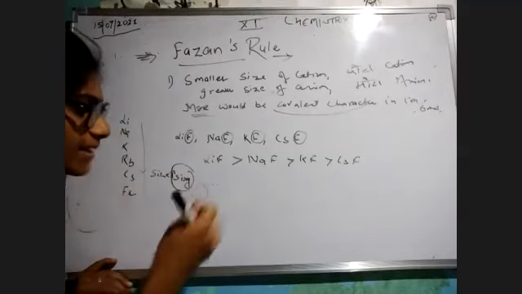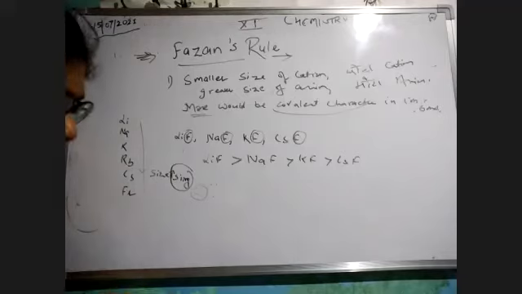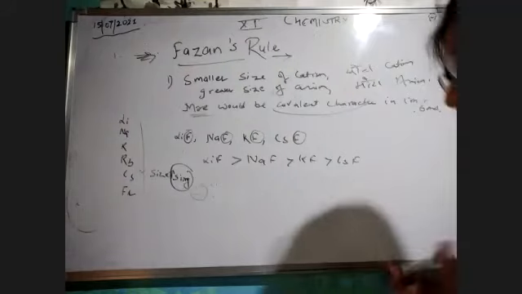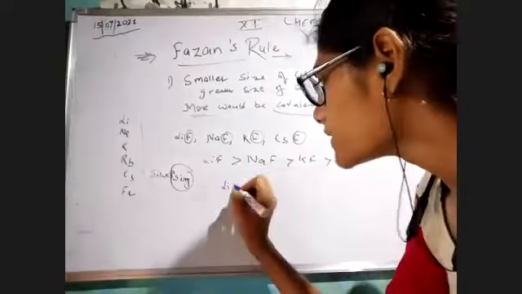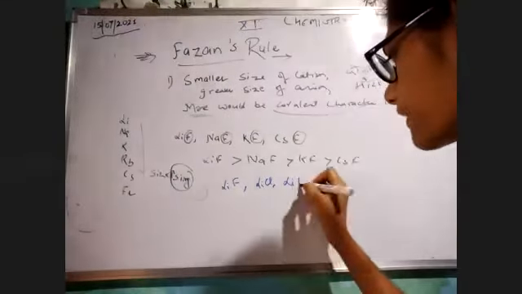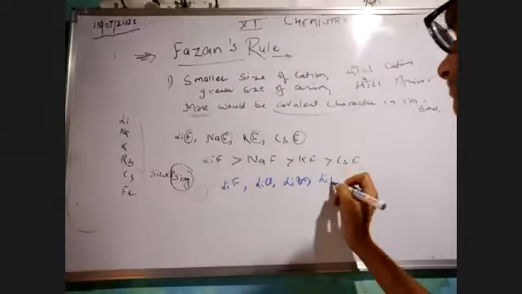Second example, let's talk about the greater size of an ion. We have the same concept, but right now we have lithium fluoride, lithium chloride, lithium bromide, and lithium iodide.